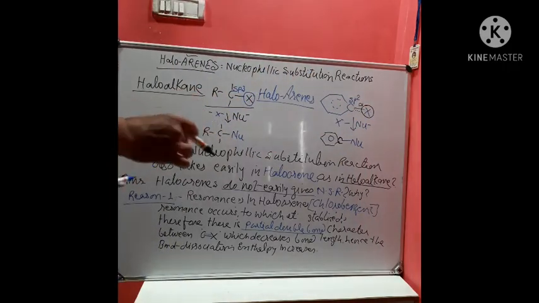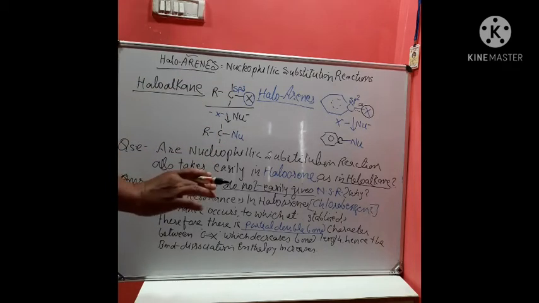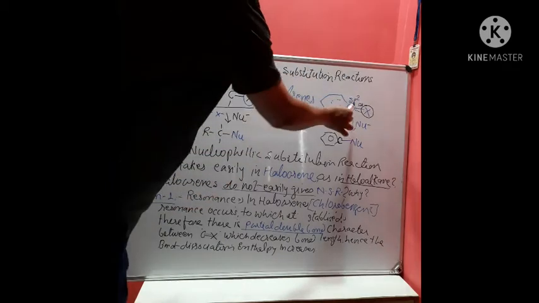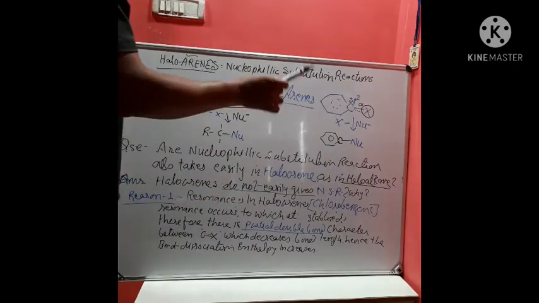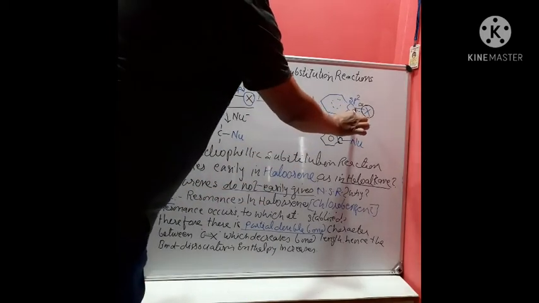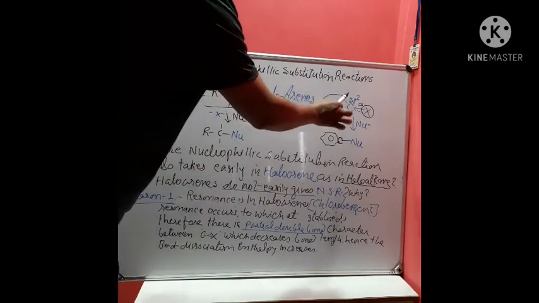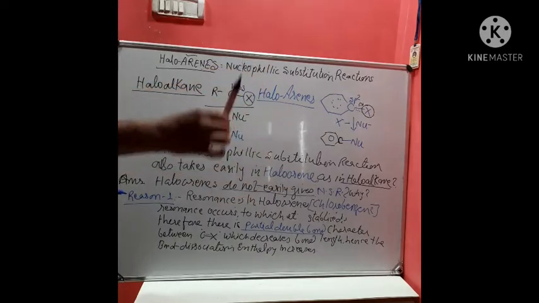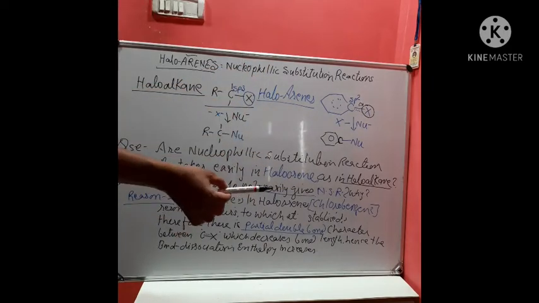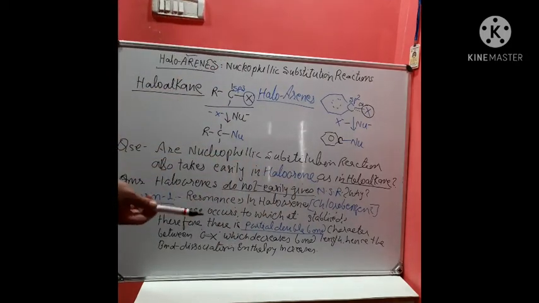You know that the bond dissociation enthalpy is inversely proportional to bond length. For substitution it is important to break this C-X bond, but since its bond dissociation enthalpy increases, the breaking of the C-X bond becomes difficult.